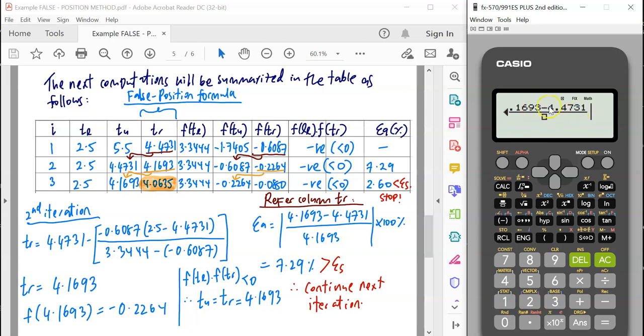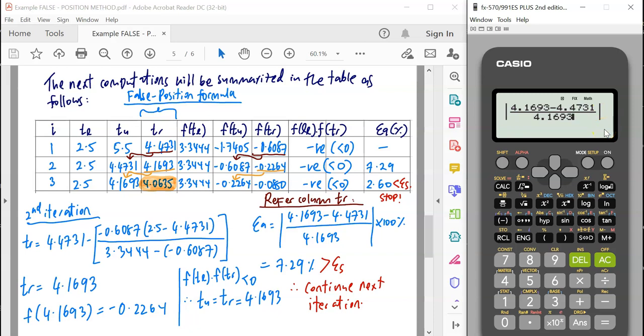Settle with our numerator. Now we move to the denominator. So divide by the present or current TR, 4.1693.